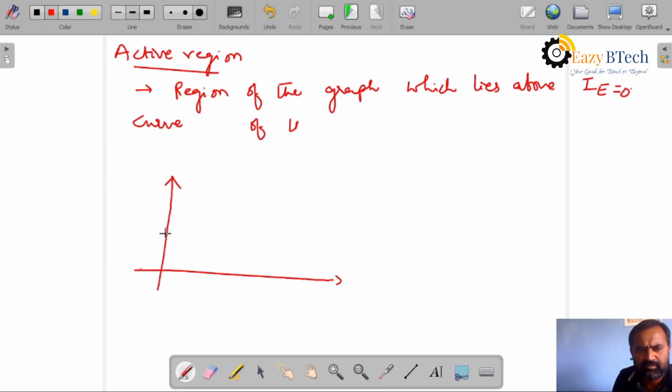Now you can say this region is saturation, this region is cutoff, and this region is the active region.